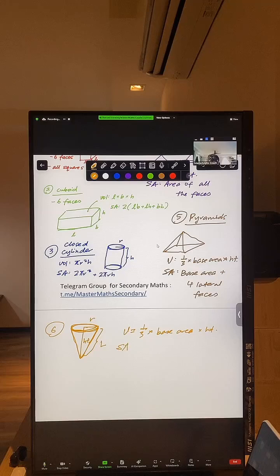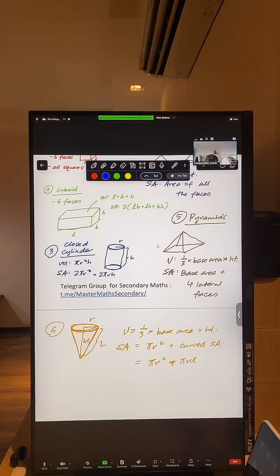But the surface area is different. For the surface area, now you must take the base. The base is pi r square, plus the curved surface area. Surface area, I put SA. I hope you all understand what SA means. So pi r square plus pi r l.